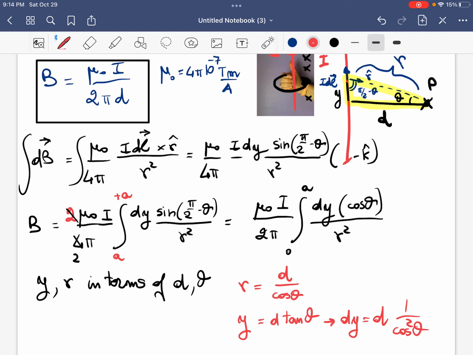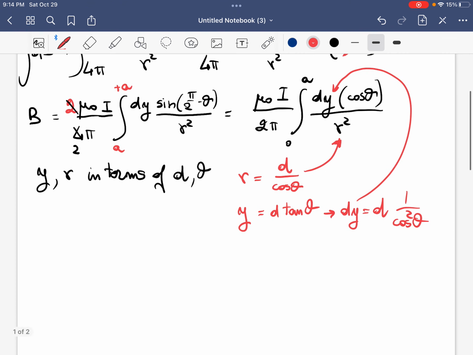Now let's substitute dy up here and r up there, obtaining that the magnetic field B is equal to mu 0 I divided by 2 pi integral between 0 and A of cosine theta.